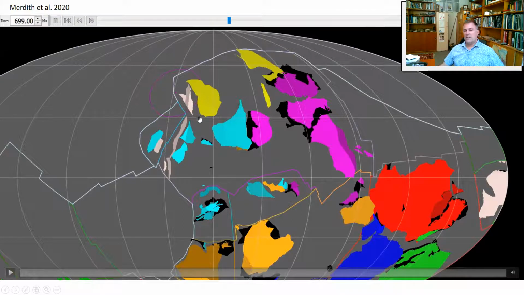Through the rest of the Neoproterozoic, we'll see India being dragged down, colliding with the African margin through here. A lot of the evidence for this comes from the geology in this region, from Madagascar, southern India, East Africa, and particularly up here in Saudi Arabia, northeast Africa, over to Oman, and even into bits of now India.